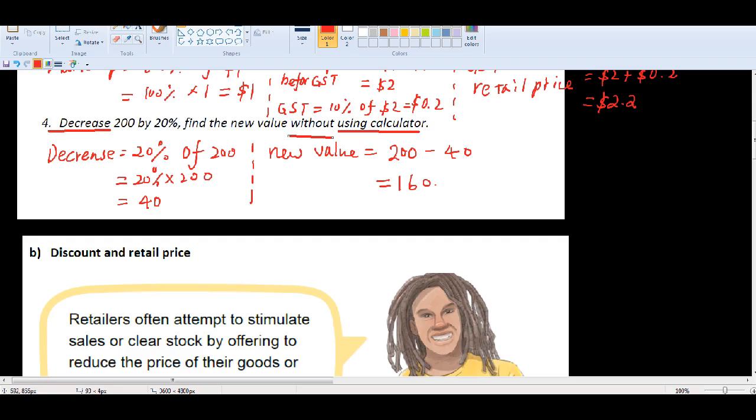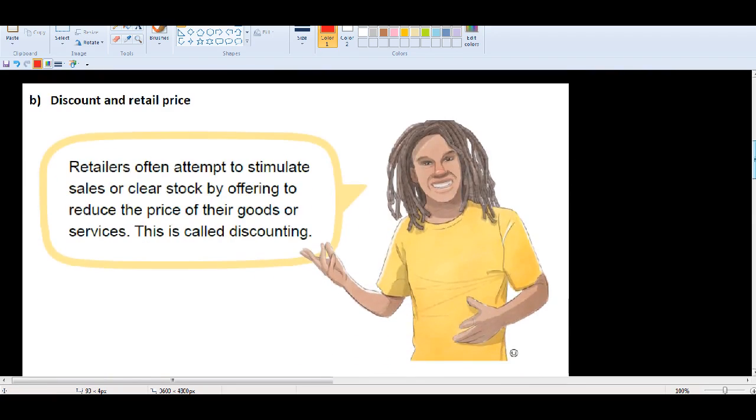So without a calculator, just think about 10% of 200 will be 20. And 20% will be twice the 10%, so it becomes 40. And the new value, because this time it's a decrease, you need to take away that 40 from that 200, and get 160. That's how we do it.